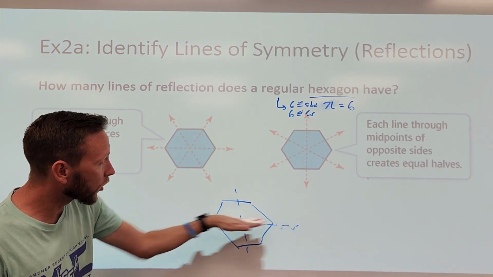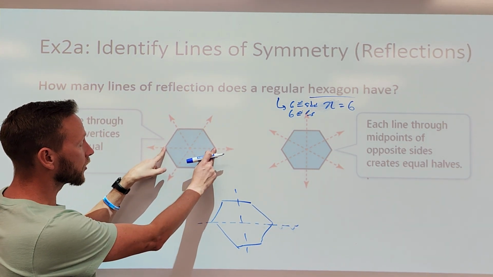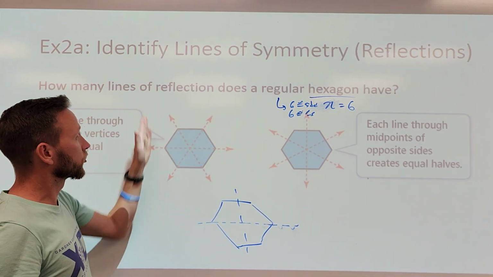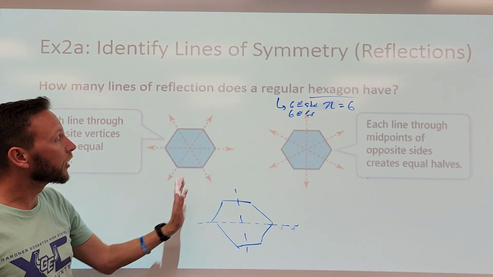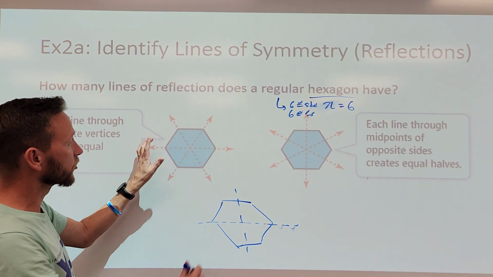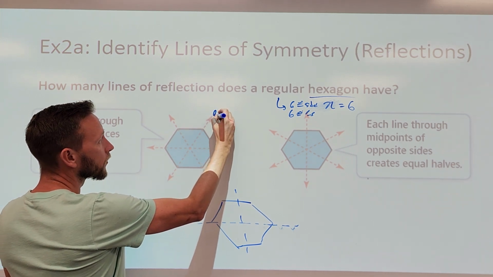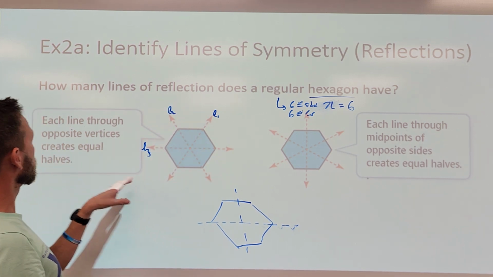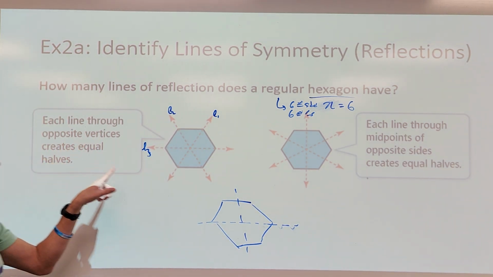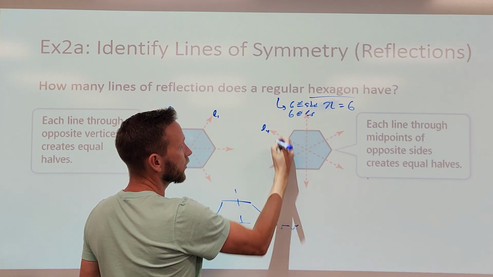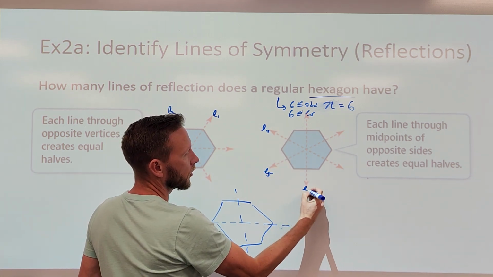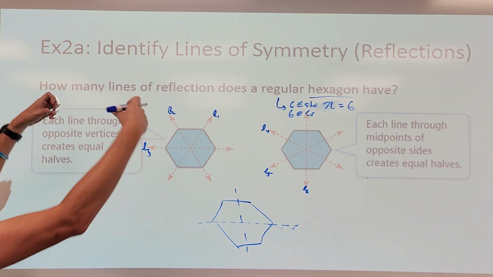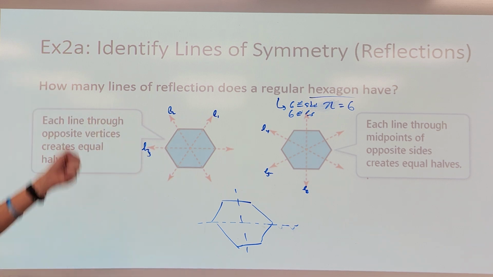And just like there's this one horizontal that passes through these opposite vertices, we could also draw a line of reflectional symmetry that passes through the other pairs of vertices. And so we have 1, 2, 3 lines of reflectional symmetry that go through the opposite vertices. And then we also have 1, 2, 3 lines of reflectional symmetry that pass through the sides. So we have a total of 6 lines of reflectional symmetry.